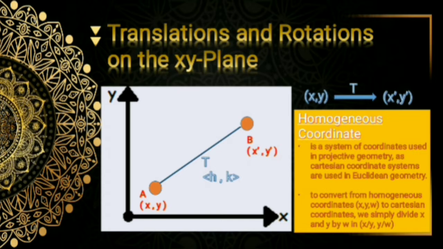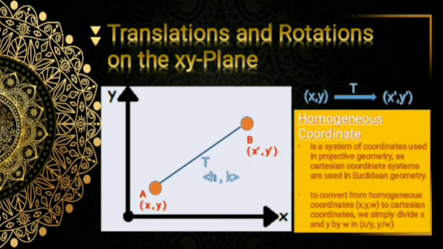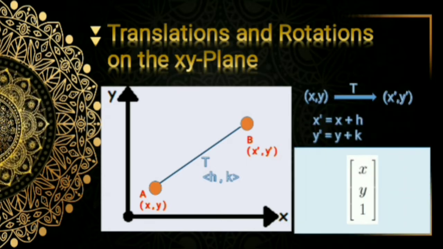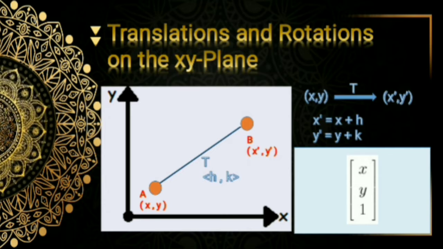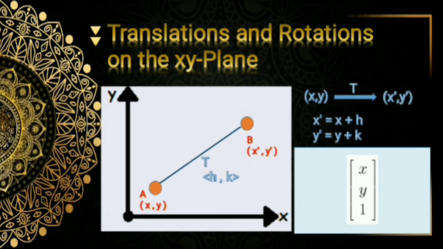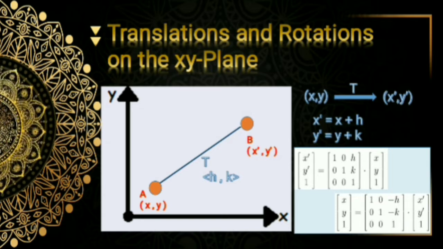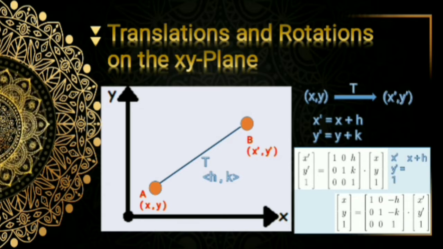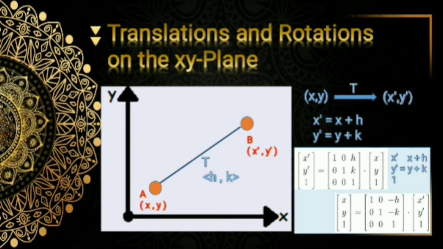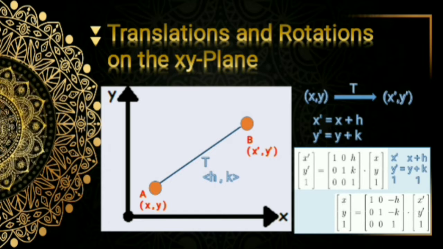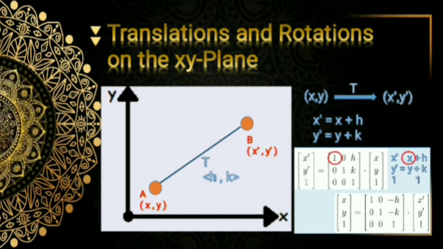But this is only if we are dealing with 3D, and this will be touched on later. Going back to our example, we are only using x and y. The point becomes a column vector whose third component is 1. Thus, point x, y becomes the following. On the left side, we were able to come up with this because we know that x prime equals x plus h, y prime equals y plus k, and our third element is 1. And so we have 1x, so we write 1 there first.